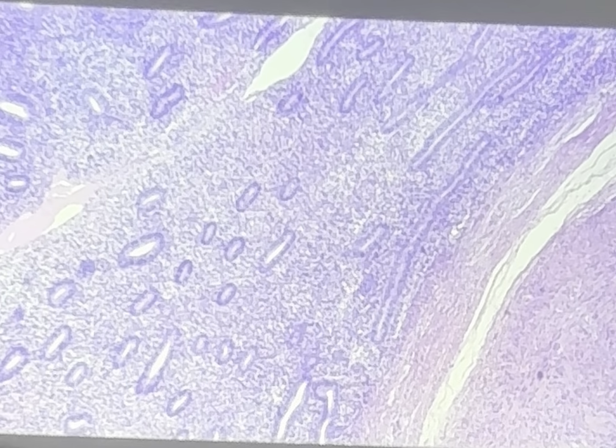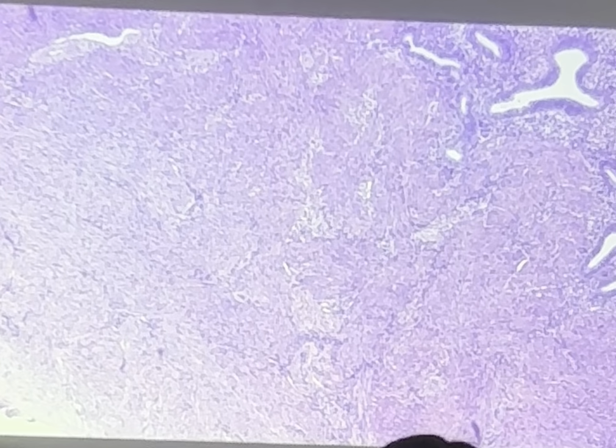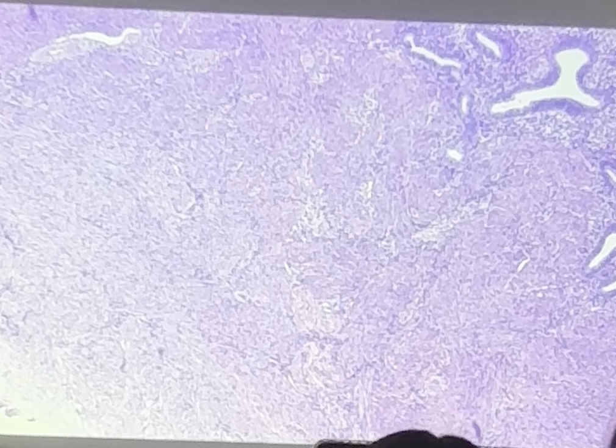This is normal proliferative endometrium. The glands are tubular. There's no increase in glands. Okay? They're even all relatively facing the same direction. So this is a proliferative endometrium. But what I want to show you, this is the myometrium, normal myometrium here.